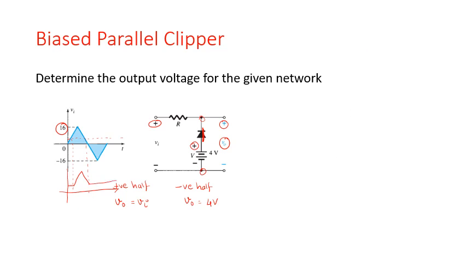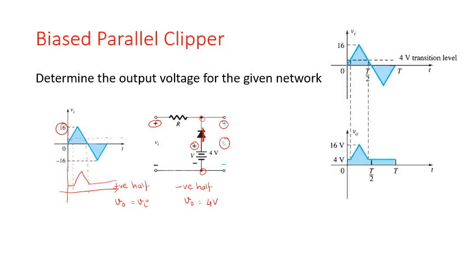So if you draw the waveform, it looks something like this, where you've drawn a 4 volt level and then you get this down, you have maximum 16 and this is the 4 volt line that you are drawing. Now in this case, it is the negative part of my waveform that was clipped. So this is known as a negative biased parallel clipper.